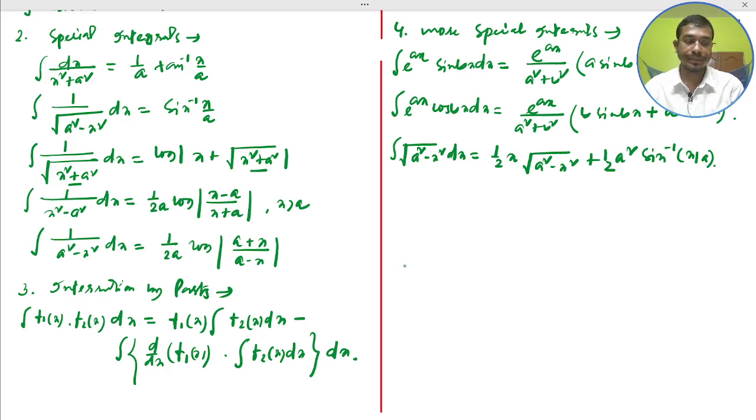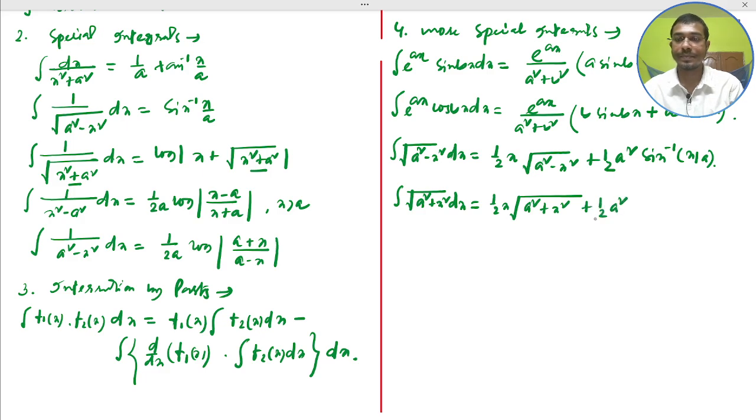Next one, root over a square plus x square dx, that would become half x, the function as it is, root over a square plus x square, plus half a square log mod x plus the function as it is, root over x square plus a square.